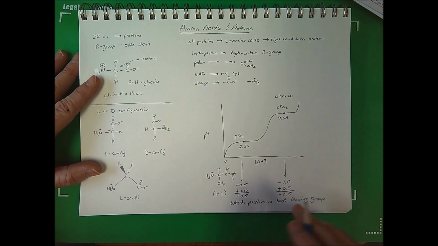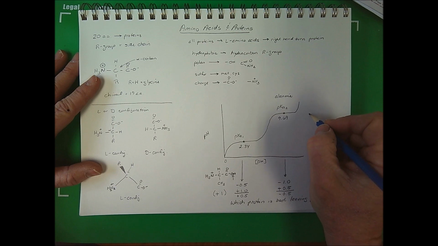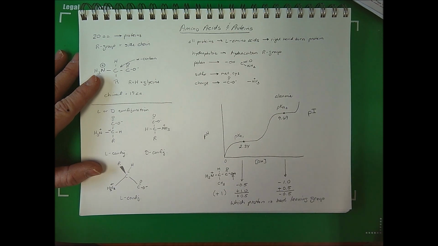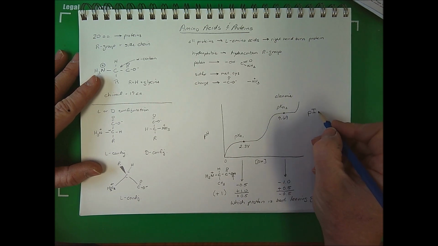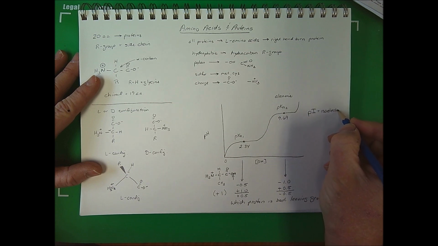Now an important consideration, again, as we have seen with our acid and base titrations in a previous video, is determining the pI, which is the isoelectric point.